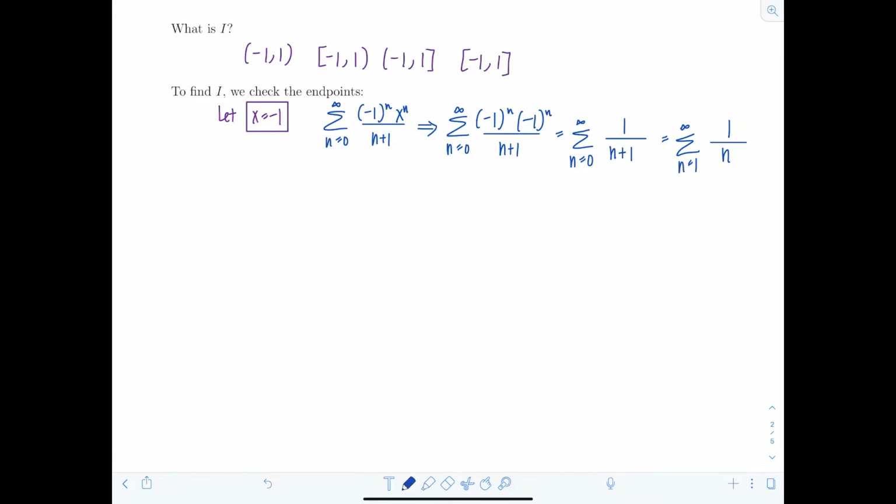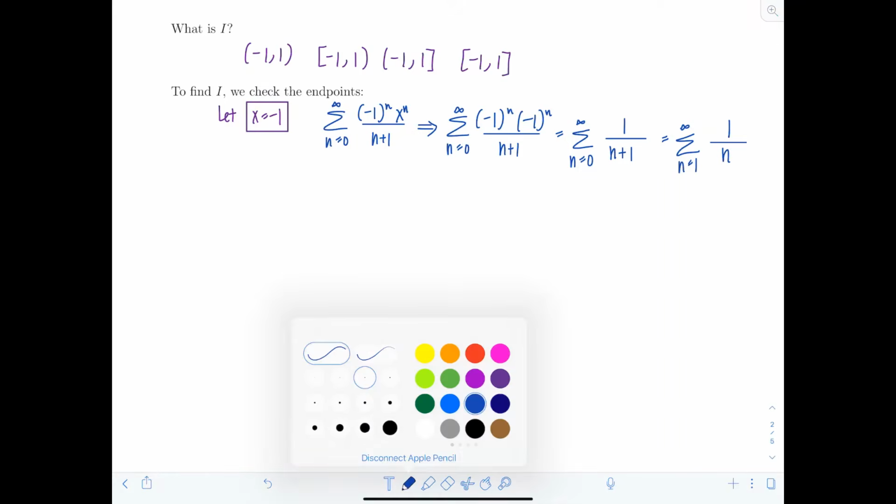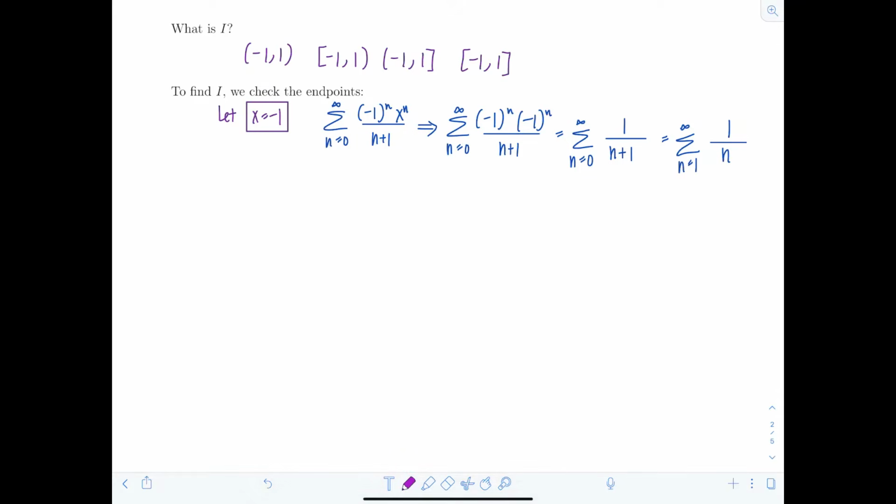They have to basically go in opposite directions. And if you're not sure if you did that right, just list out the first few terms. So if n is 0, you would have 1 over 0 plus 1, so that's 1 over 1. If n is 1, then you'd have 1/2. If n is 2, you'd have 1/3. And then with the way I've shifted the indices now, starting with n equals 1, the first term is still 1, 1 over 1 plus 1/2 plus 1/3, etc.